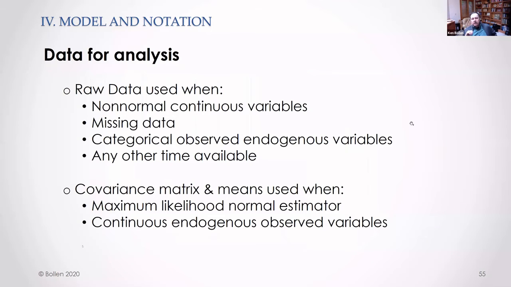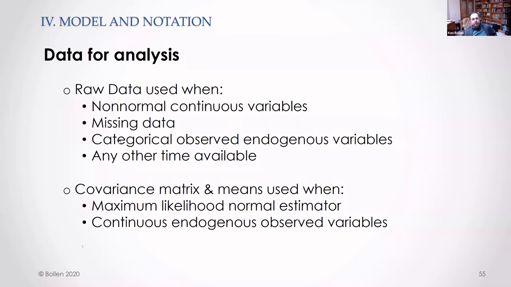The main times where you would use raw data is when you have non-normal continuous variables and you want to take account of that non-normality. Another instance where you would use raw data is when you have missing data and you want to take advantage of the different ways you have of handling missing data with this structural equation modeling approach.